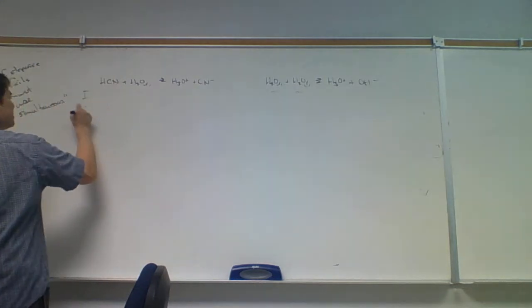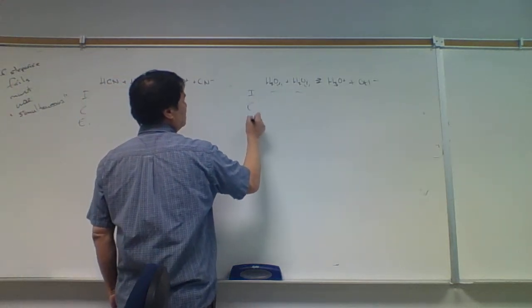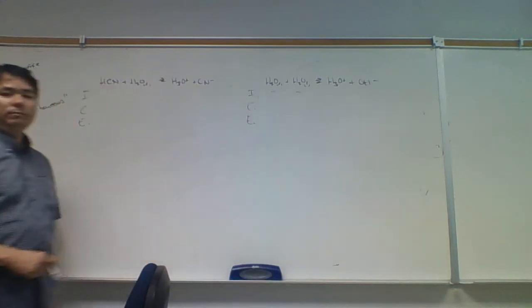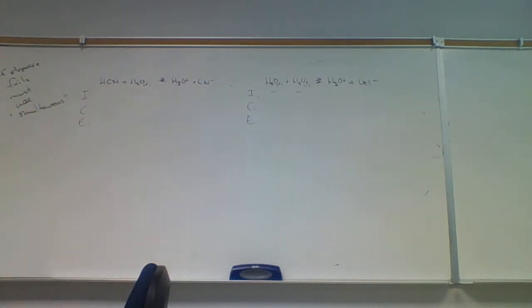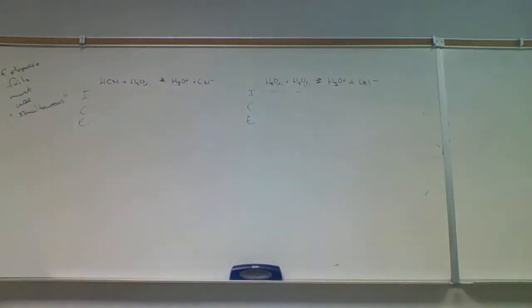So we set up the ice tables here. And we do this now. We have to think in terms of simultaneous. And so, actually, maybe I'll use the same symbols as our book uses for the setup, rather than doing it differently.